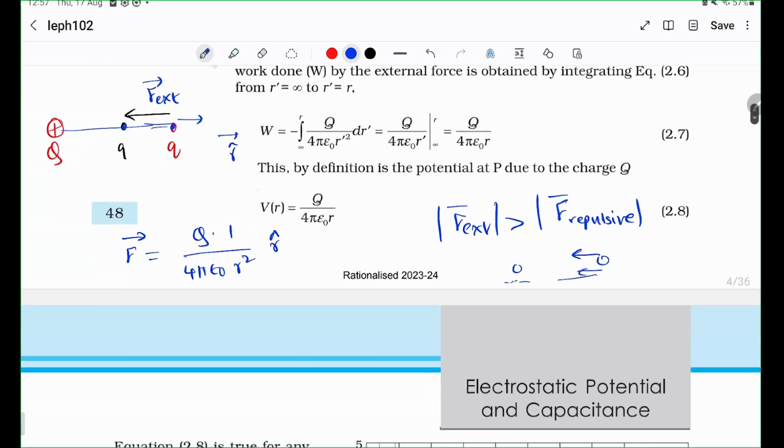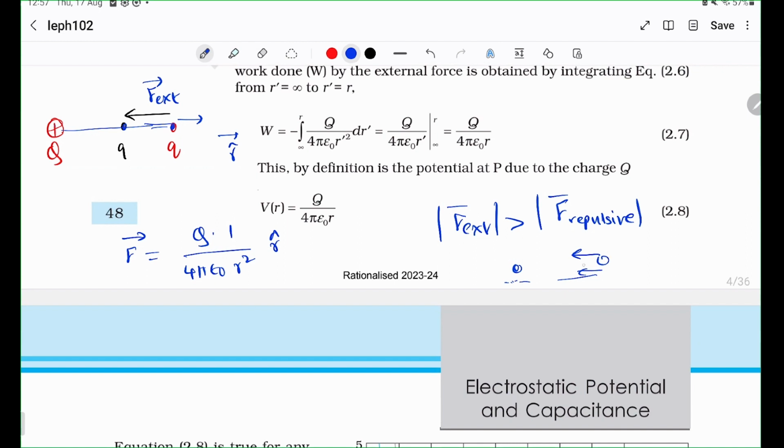But unfortunately, when you end up here, you're also going to have a lot of kinetic energy. So that is some extra amount of energy that you put in. Whereas we would like to only find delta U, because we want to find out what is Q delta V, right? We want to find out potential. So what we do is we try to make this kinetic energy 0.